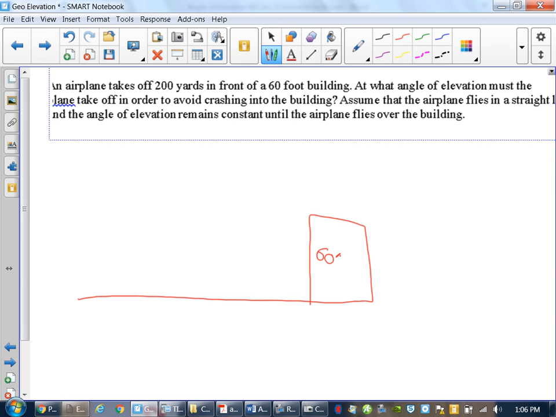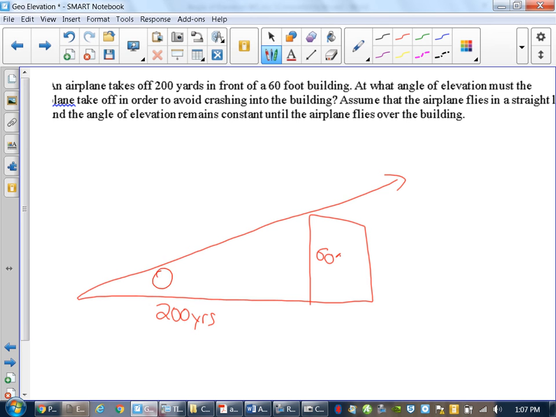You guys, we discussed what that single tick mark means for measurements, right? Feet. This means this is 60 feet. This would be 60 inches. This would be 60 feet, 3 inches, and so on. So that's 60 feet. It tells you the airplane takes off 200 yards away.